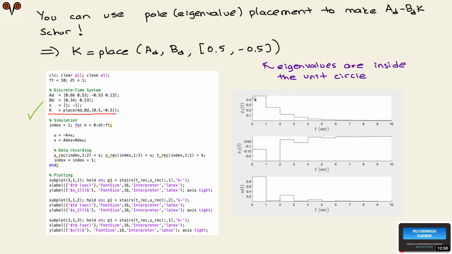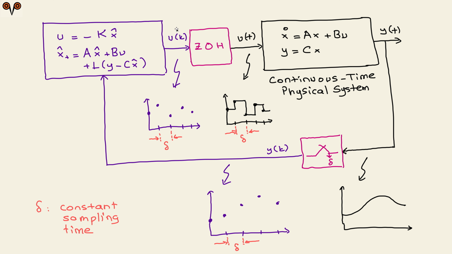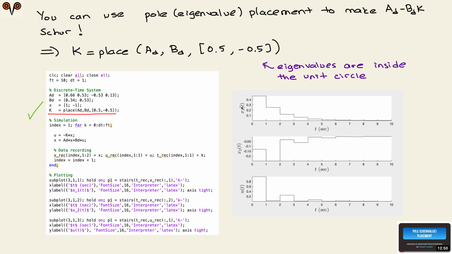That's why I have the zero-order hold: if you remember the first video, u_k is the time instant version, and the time version is the one we hold with the zero-order hold operator, converting this to this. So that's why I have t here, plotting them with respect to time. Anyway, x1 and x2 go to 0, and this is the control signal.